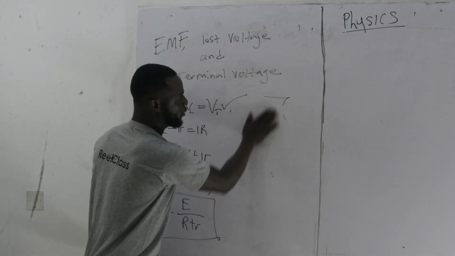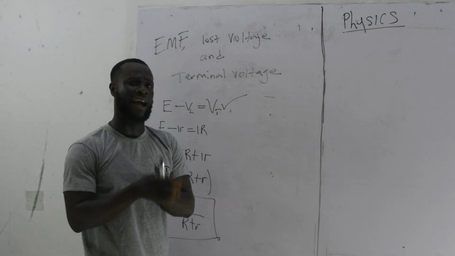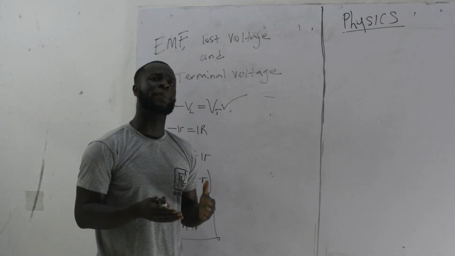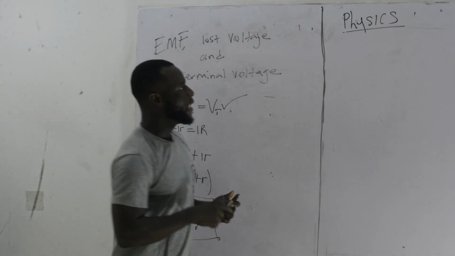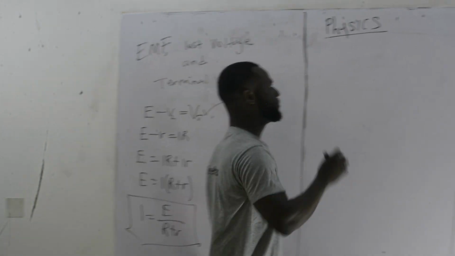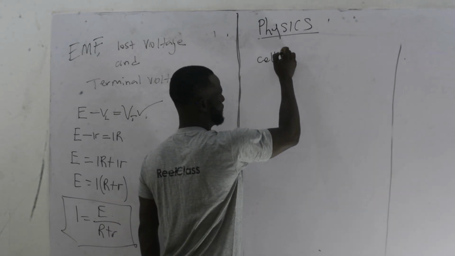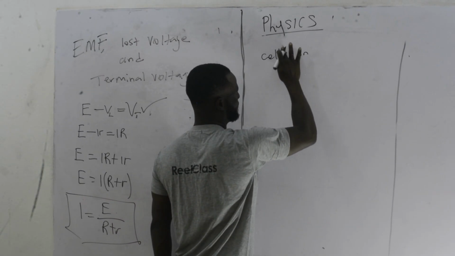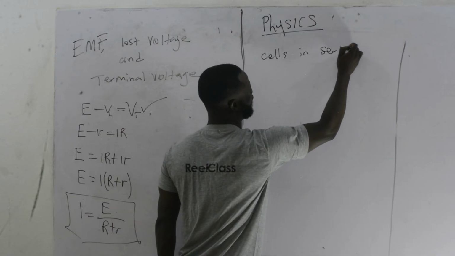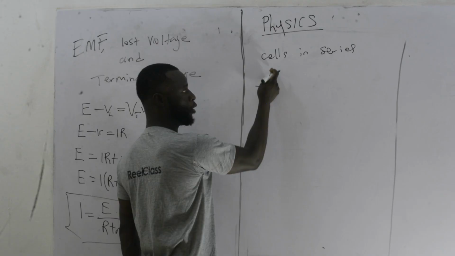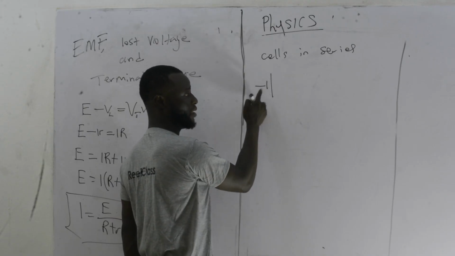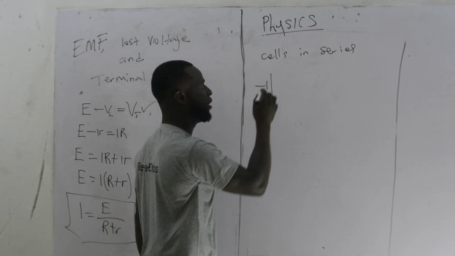The next thing I would like us to look at is how we can arrange cells. Cells can be arranged in series and cells can be arranged in parallel. For series arrangement, I have the positive terminal. This longer part is the positive terminal of the cell, while the shorter part is the negative terminal.